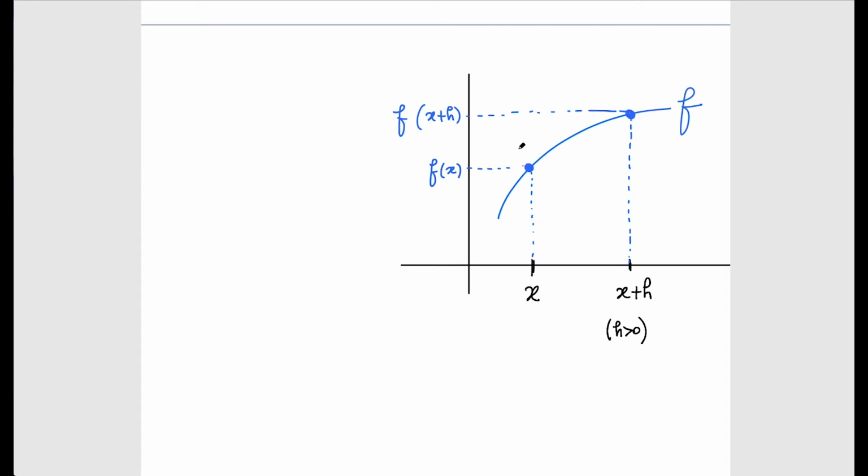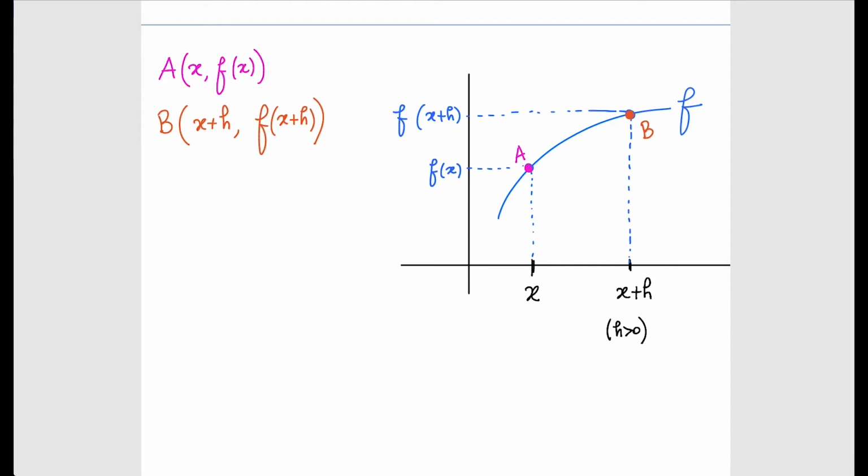Let's call this point A, and let's call this point B. Okay. So what are the coordinates of A and B? The coordinates of A are x comma f of x, because it belongs to the graph of the function, so it should be a guy, f of the guy, right? And what are the coordinates of B? They are this guy, x plus h, comma f of that guy, which is f of x plus h, correct?